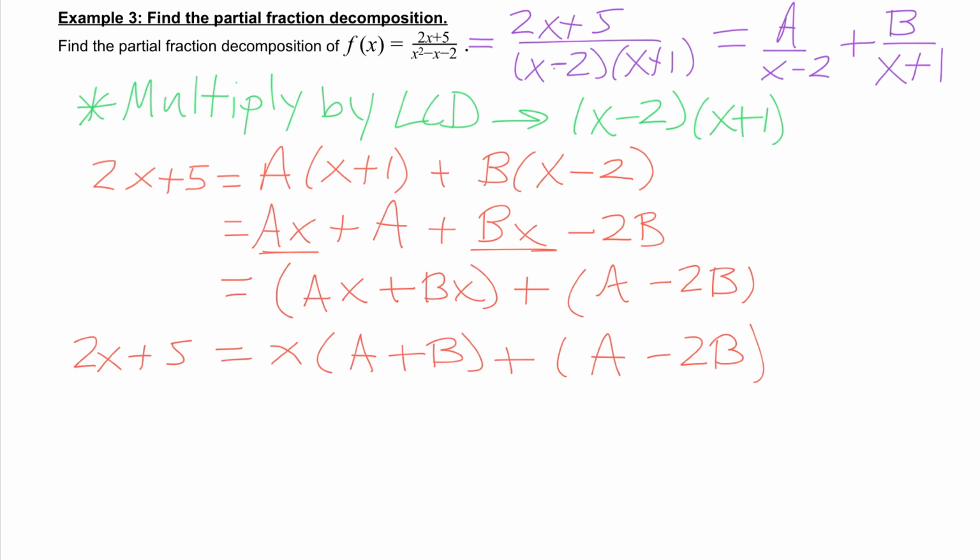And then what I'm looking to do is set up a system of equations. In order to do that, I'm looking at my coefficient in front of x. That's this. This a plus b is the coefficient of x. And this right here is my constant.